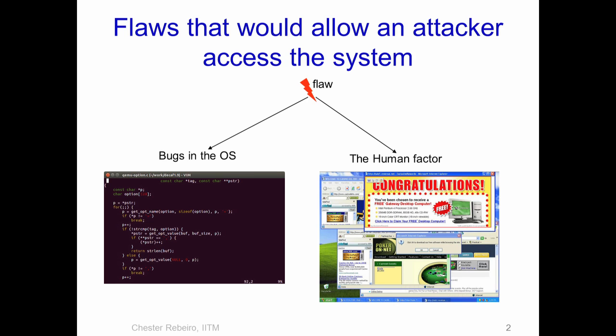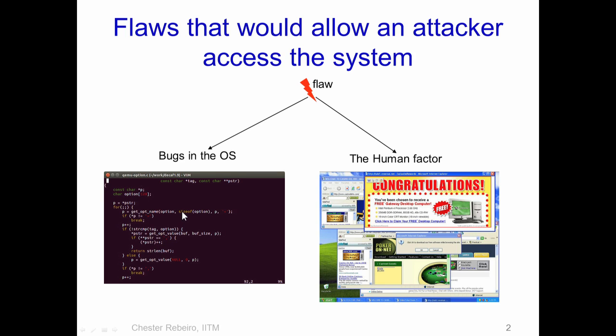For instance, the current Linux kernel has over 10 million lines of code, and all this code is obviously written by programmers and will have numerous bugs. These bugs are not very easy to detect. However, if an attacker decides to look, he could find such a bug and exploit it in the operating system to gain access into the OS.